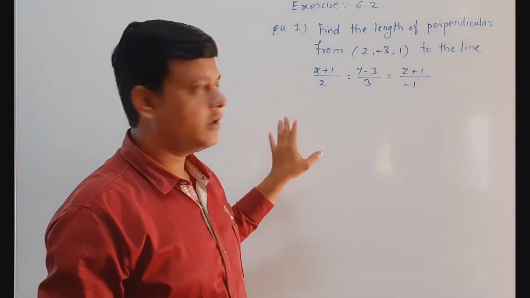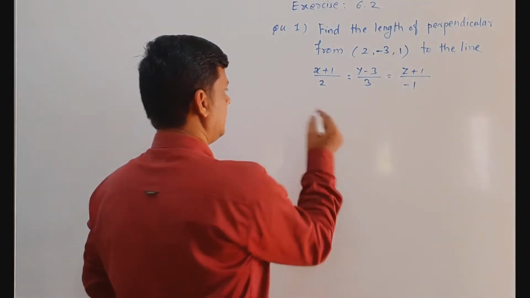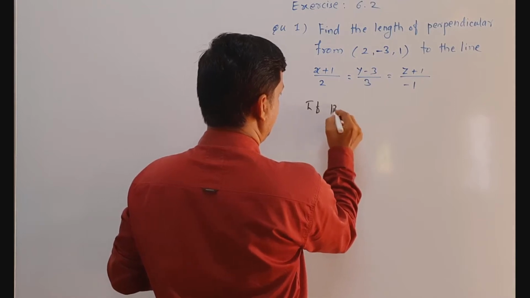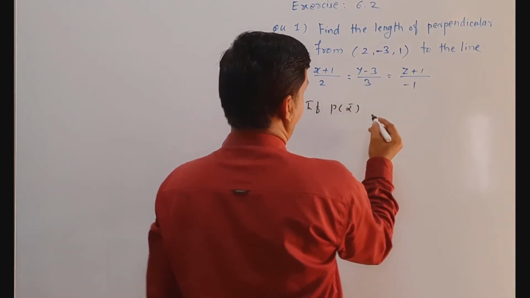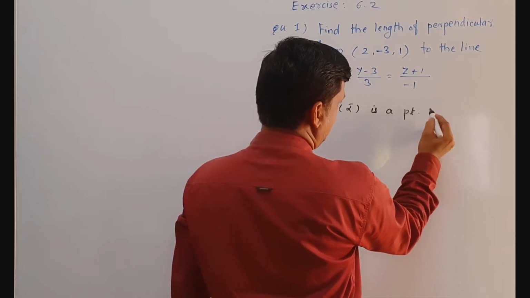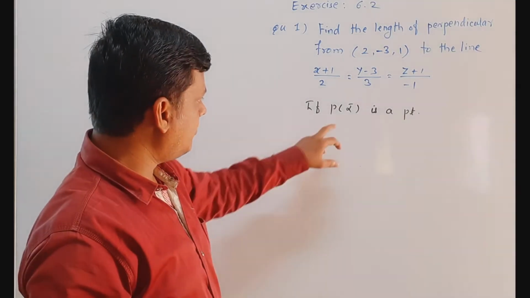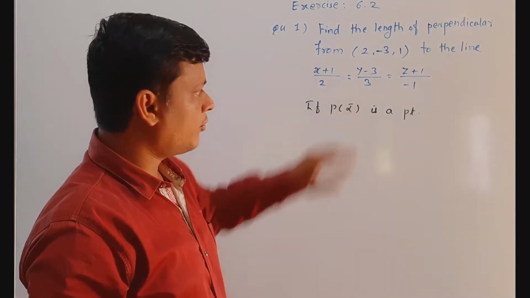So we know the formula for vector form. If P of alpha bar is a point, we have to find the perpendicular distance of this P of alpha bar from the line.